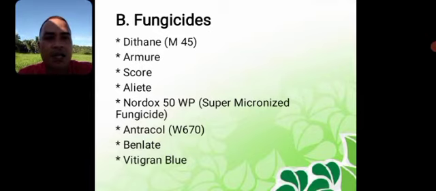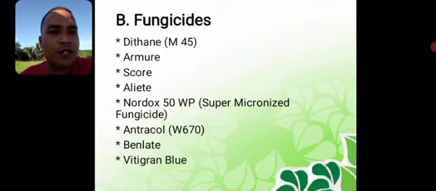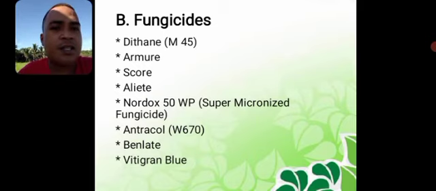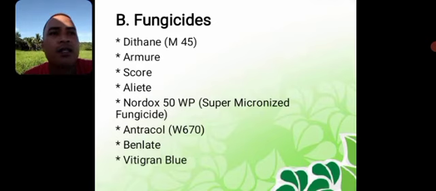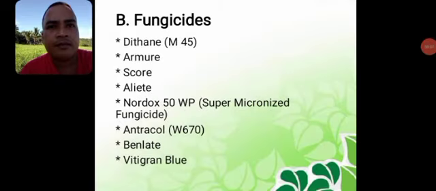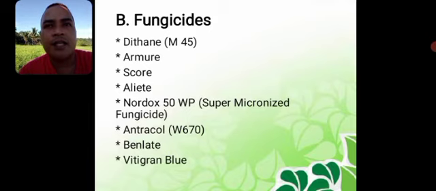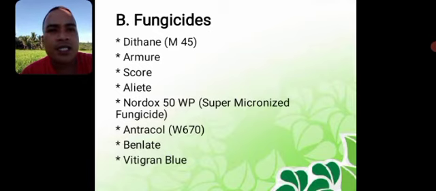Next is Antracol, or WP70. Antracol is a contact fungicide based on propineb. It is used to control scab, early and late blight, dieback, black rot, downy mildew, and leaf and fruit diseases. Next is Vitigran Blue.